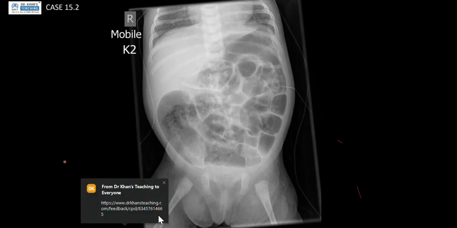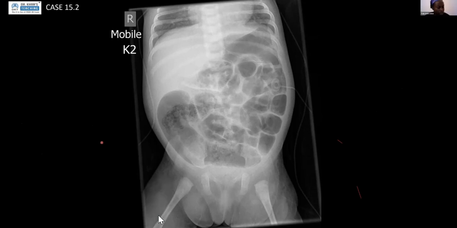I don't see any portal venous gas or intramural gas, not clear for me. Since I think this is bowel obstruction in a young age, it could be necrotizing enterocolitis also. I don't see any pneumoperitoneum or perforation.